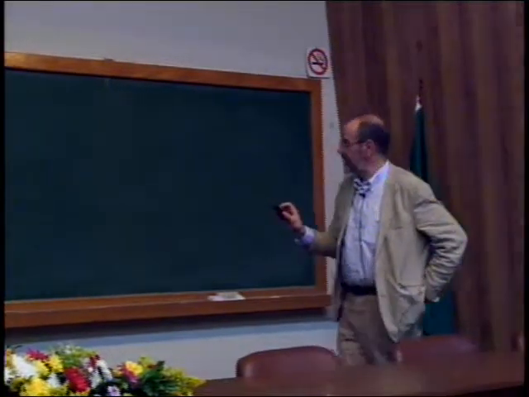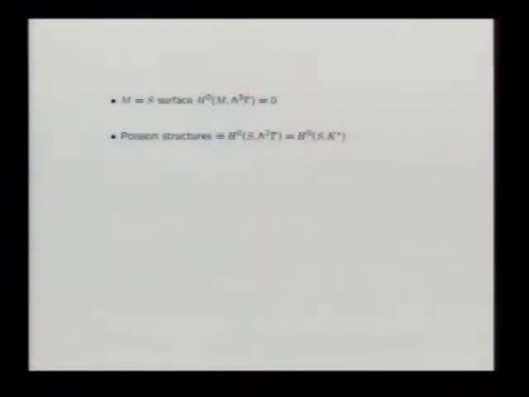And how do you find them? Well, if S is a surface, a two complex dimensional manifold, then this is totally zero because this is the third exterior power of a vector bundle of rank 2, so that vanishes. So there's no integrability obstruction.